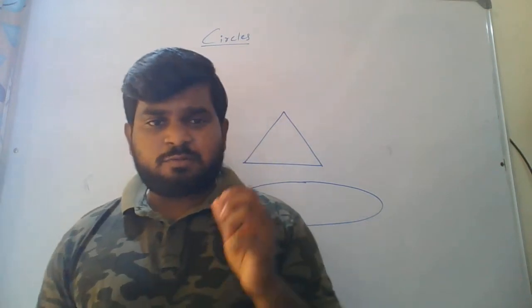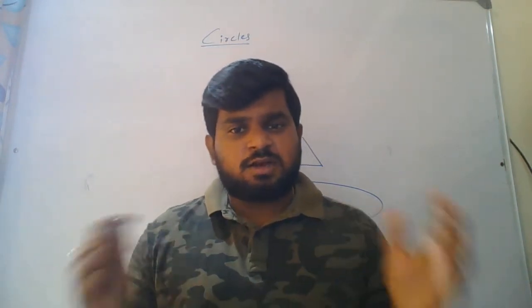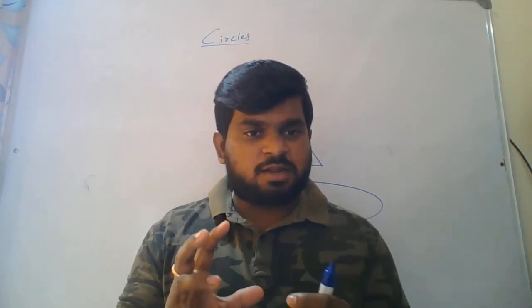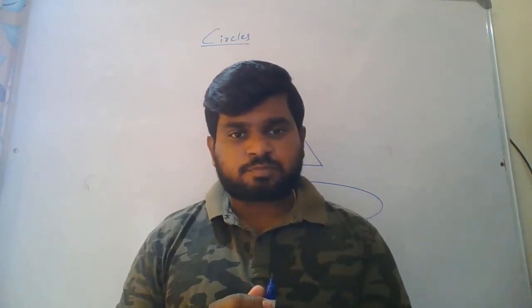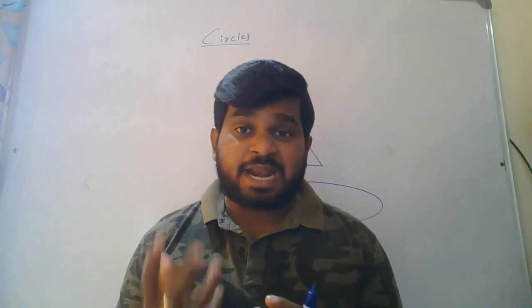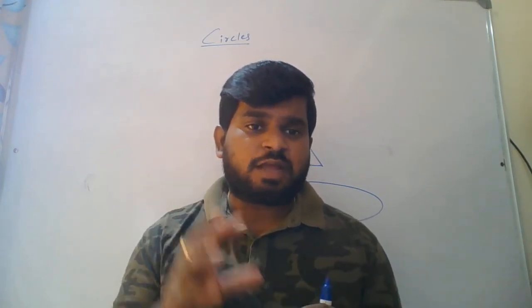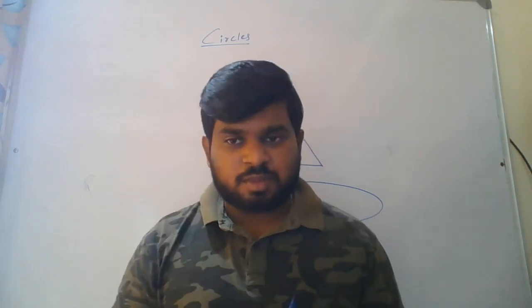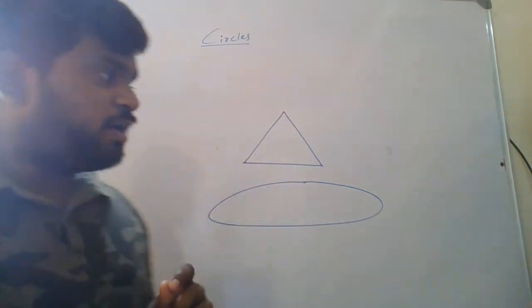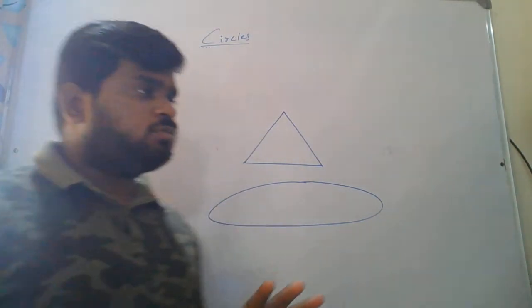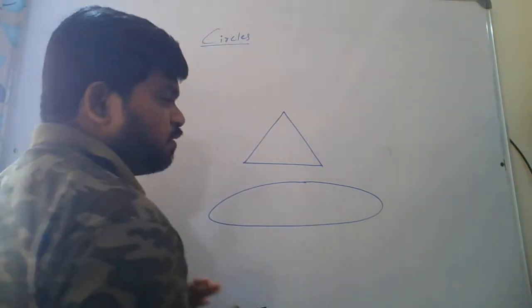So what makes a circle a circle? What characteristics, or what is the most important thing, that makes a figure a circle? If you have not known, let's learn it now. It's a very easy one.